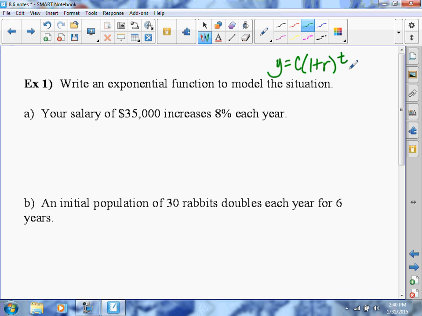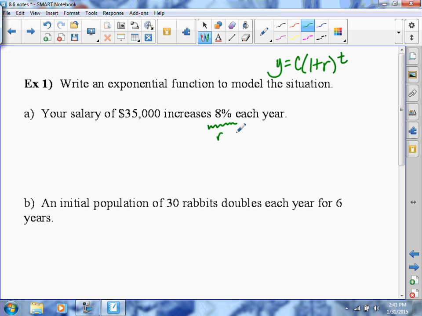Okay? So here you have, in part A, your salary of $35,000 increases 8% each year. Okay, so the 8% is pretty easy to identify as your rate.